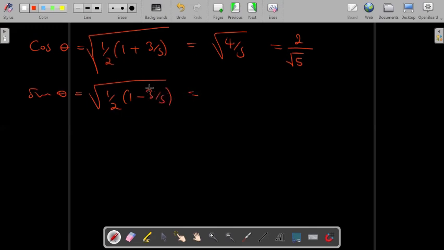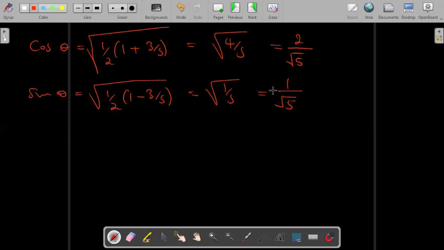The inside gives you 2 over 5, then 2 over 5 multiplied by half gives you 1 over 5. Square root of 1 gives you 1, square root of 5 gives you root 5. So this is what you get to be your sine theta and your cos theta.